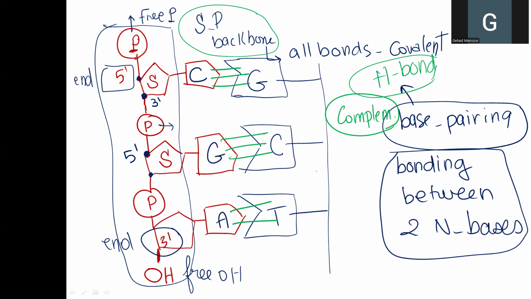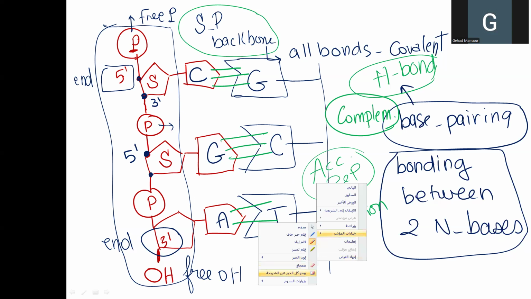So how does this ensure accurate replication? Of course, this ensures accurate replication because in replication, first of all, there is separation of the two strands. If a DNA molecule wants to replicate, the first thing to do is to separate the two strands. And when you separate the two strands, you expose the bases.